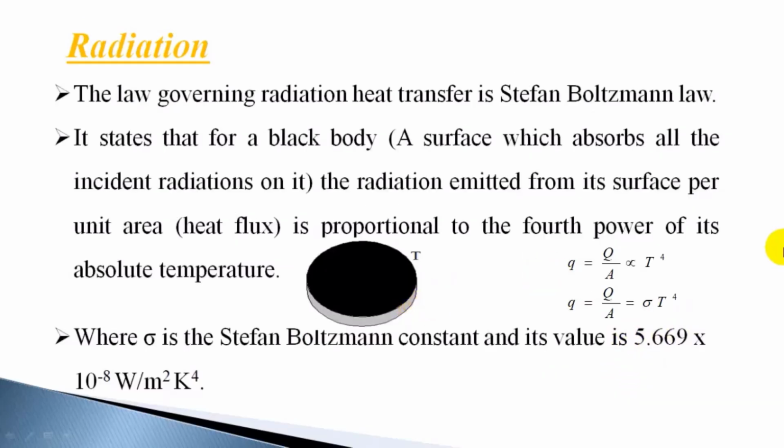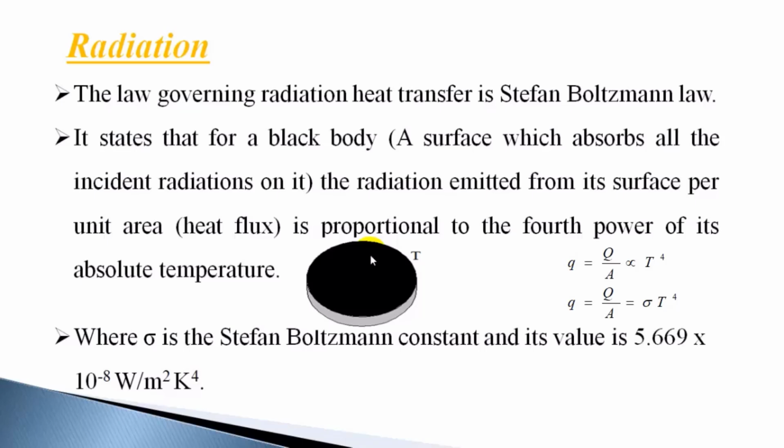Radiation heat transfer is another mode of heat transfer, and it also occurs due to temperature difference, but no material medium is required for radiation heat transfer to take place. In fact, a perfect vacuum is ideal for radiation heat transfer. The radiation emitted from a surface reaches another body, and all bodies are emitting radiation irrespective of their temperature, and also receive the radiation emitted by other bodies.